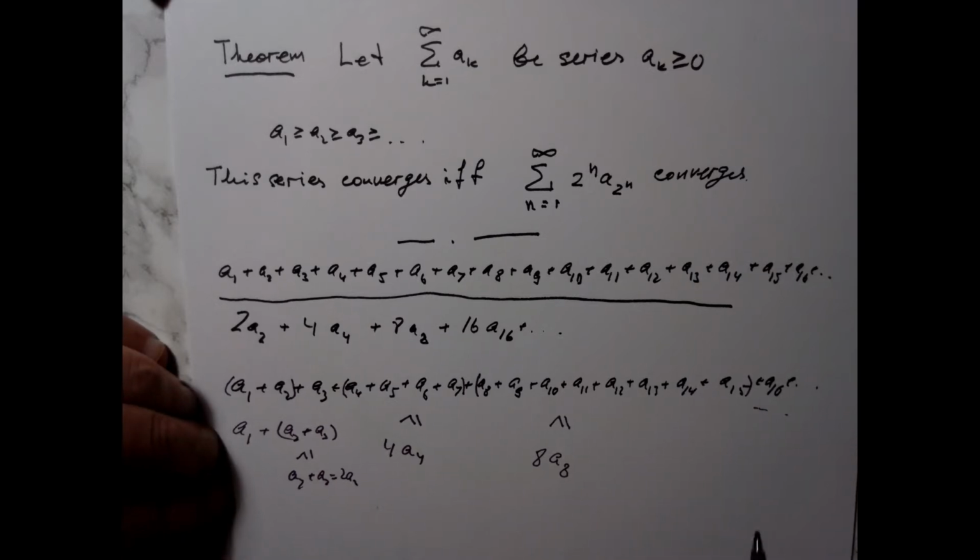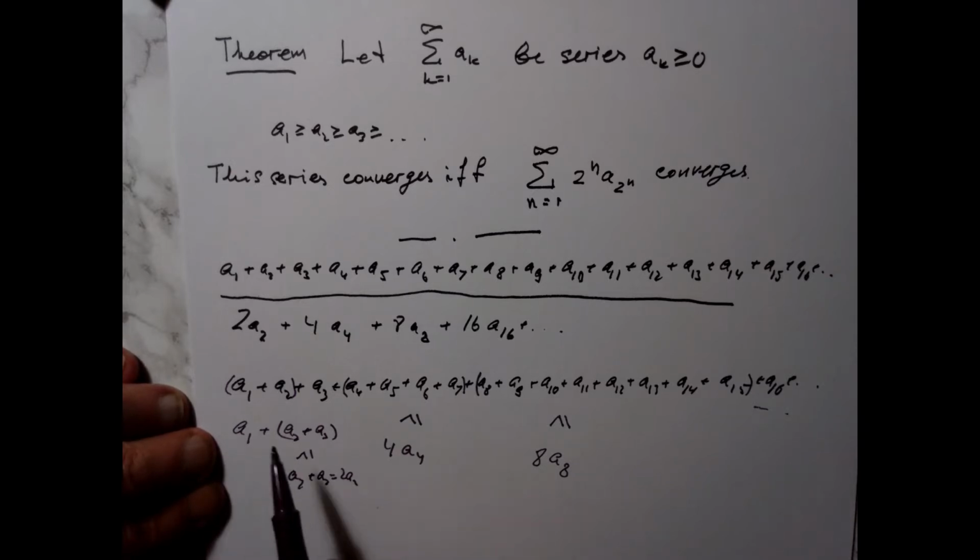In other words, now I can say that the partial sum S15 is less or equal than a1 plus 2a2 plus 4a4 plus 8a8. And in the same way I can conclude that S31 is less or equal than a1 plus 2a2 plus 4a4 plus 8a8 plus 16a16, etc.